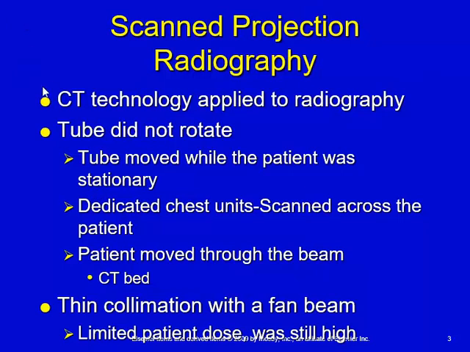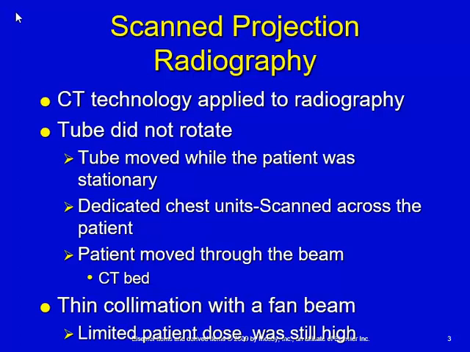We had a collimated beam, a fan-shaped beam that was closely collimated, with the X-ray tube followed by collimation, then the patient, then post-patient collimation, and then the image receptor.